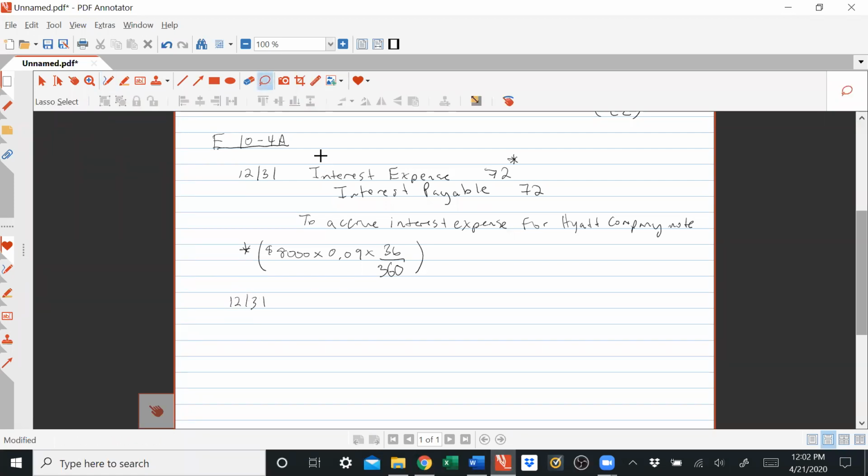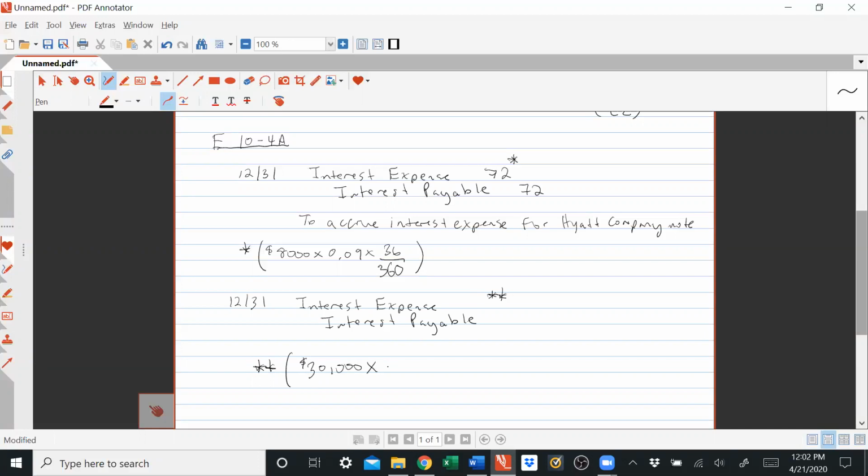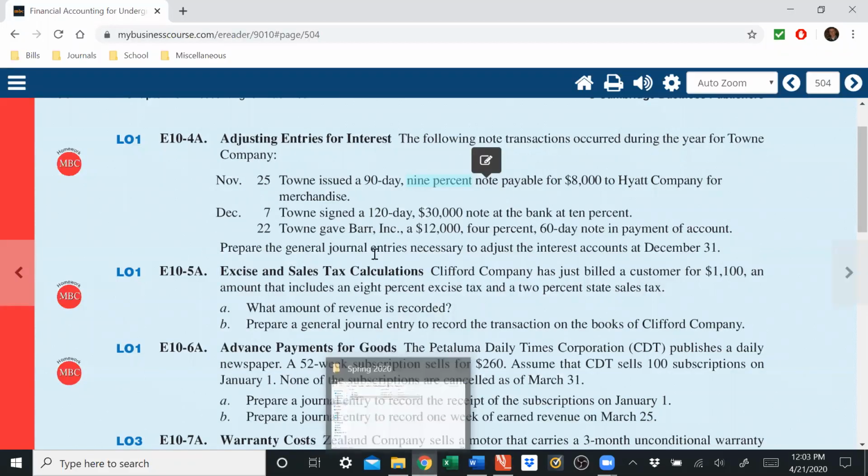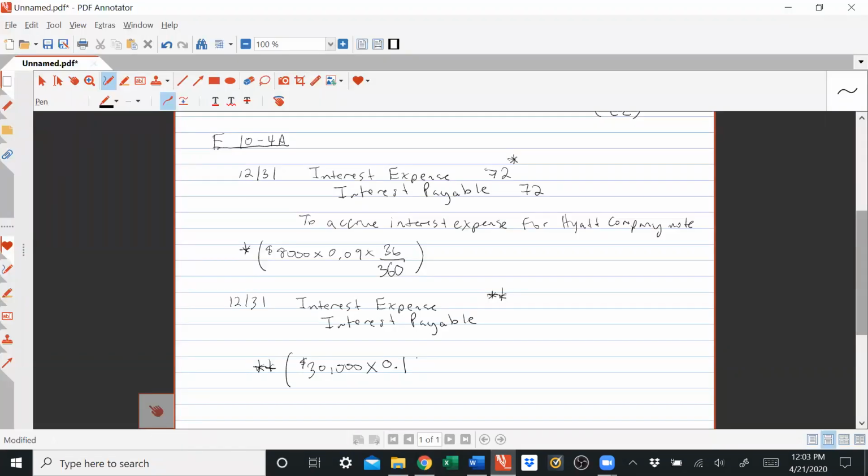Same journal entry, so I'm going to copy and paste the same debit and credit accounts. It's just the number changes. So we'll put a double star by this number. And what's the number going to be? It's going to be principal, which is 30,000, times the annual interest rate given, 10%. Let's go back. 30,000 principal, 10% interest, and then multiplied by the time.